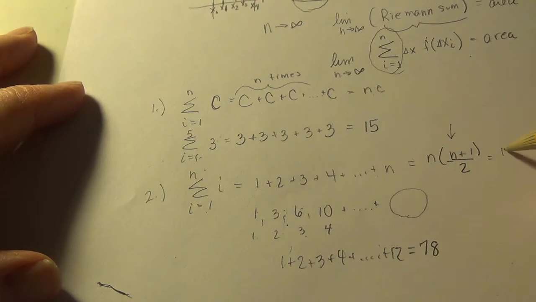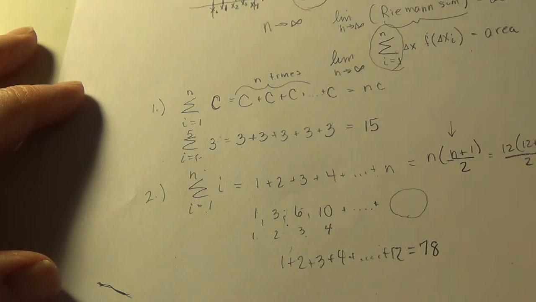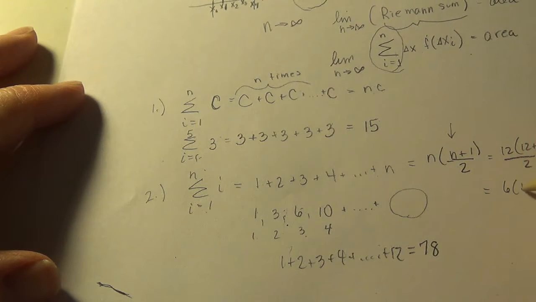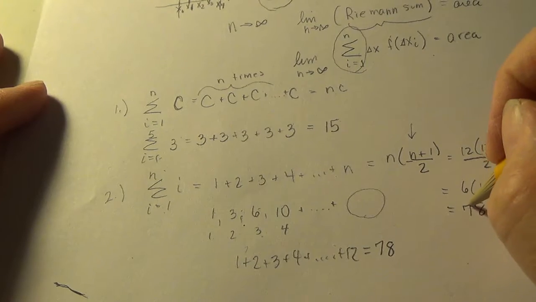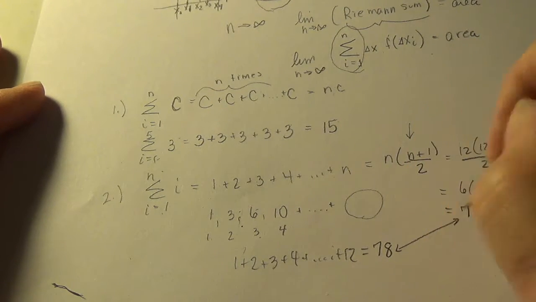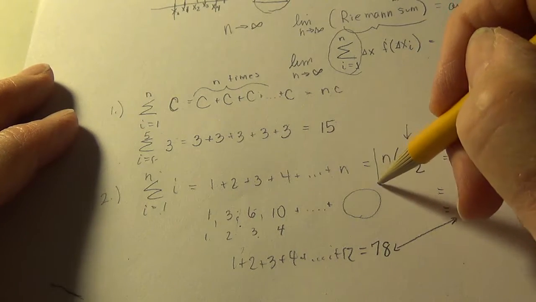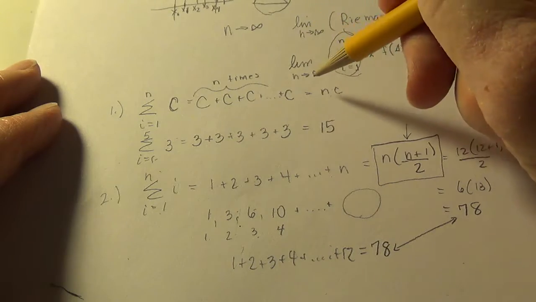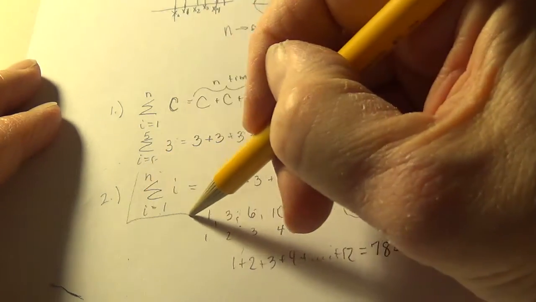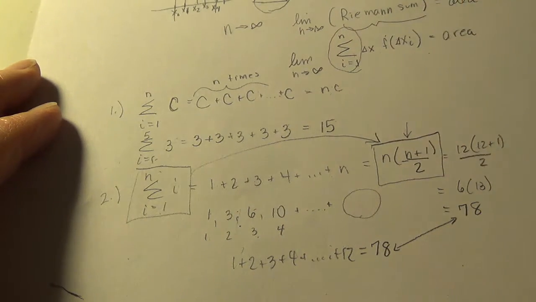We get 12 times 12 plus 1 over 2, which ends up being 6 times 13, which is 78. So it worked at least for one example, and you will find that it works for all. So write that down. This summation can always be written like that.